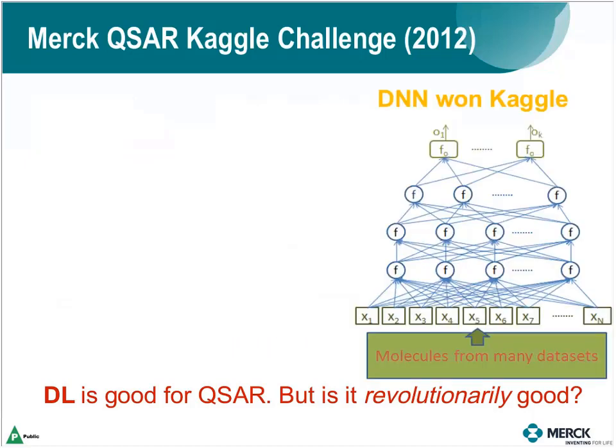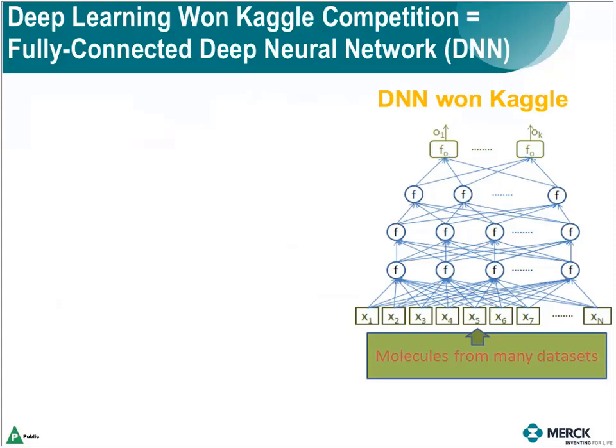So let's see what the winning method in that competition is. Basically, it's a deep neural net. For people who are not very familiar with neural networks, I will spend a few more sentences to explain it here.